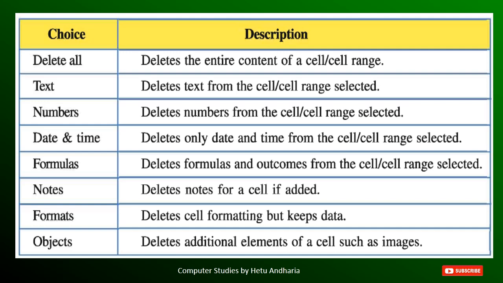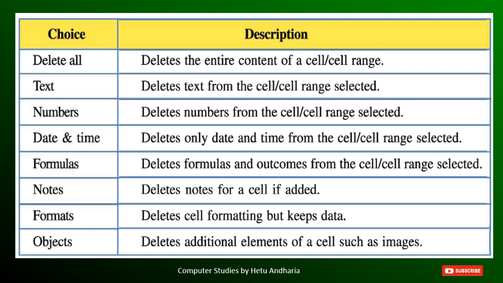Then notes. If you have added any notes in any of these cells, then that will get deleted. Formats. Now this is a very interesting thing: if you select the format option check mark, then it will delete only the format, while the content of that cell range or cell will remain intact as it is. Then objects.